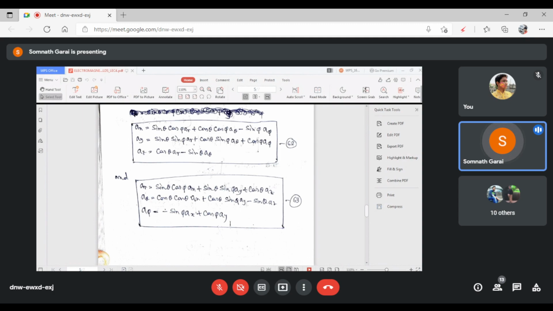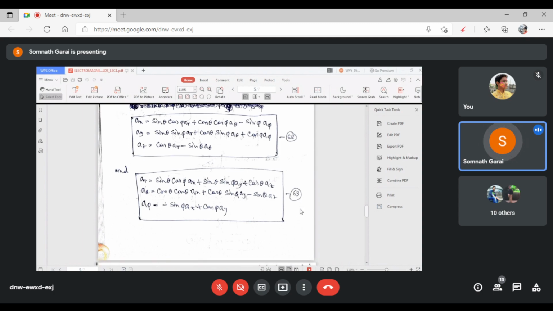So equation number 62 and equation number 63 specify the interrelationship between the unit vectors of Cartesian coordinate and spherical coordinate. Now you have to remember these two equations very carefully.